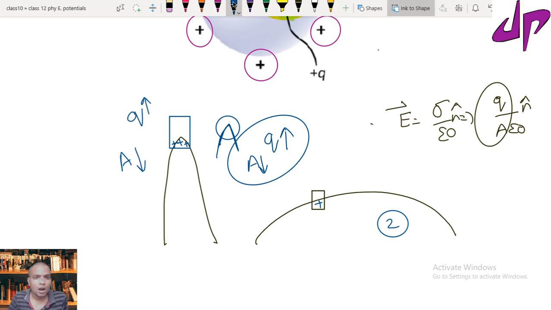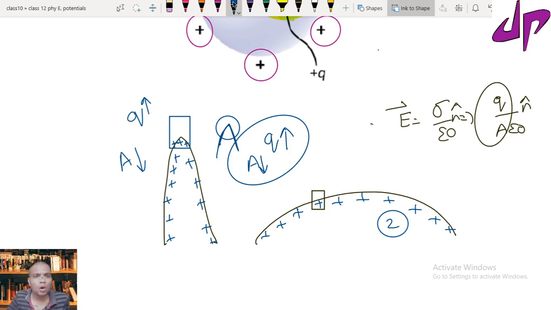So that's how the charge distributes. If the charge distributes uniformly on this cone shaped conductor or this arch shaped conductor, the charge occupies the location where there is less area.